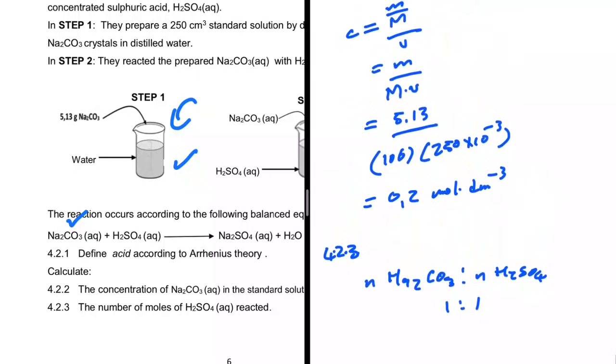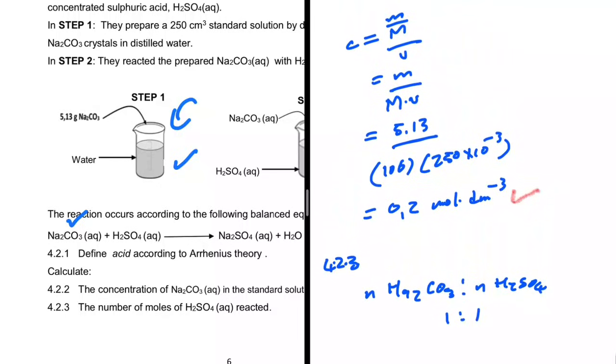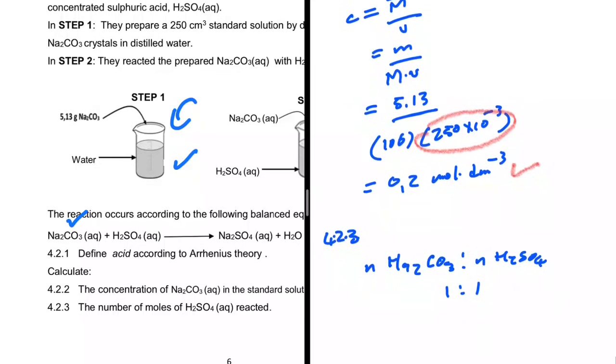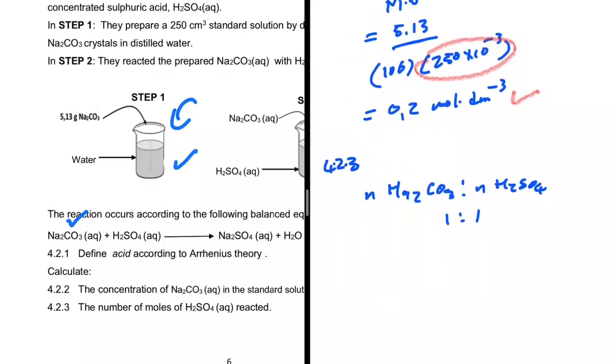At this point, we have the concentration of Na2CO3, and we also have the volume, so finding the number of moles should not be that difficult. The number of moles of H2SO4 is equal to the number of moles of Na2CO3, which is the concentration multiplied by the volume.